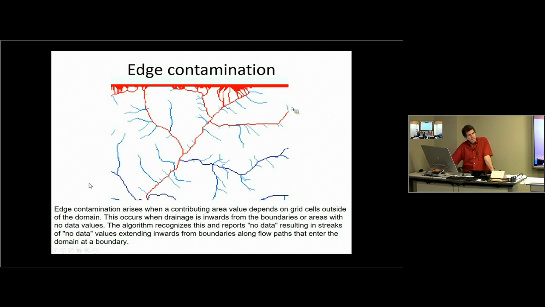Yes. Okay. So for these red grid cells down here, any calculation of flow accumulation is uncertain because it may depend on area out here that's not within your domain. So I refer to that as edge contamination.